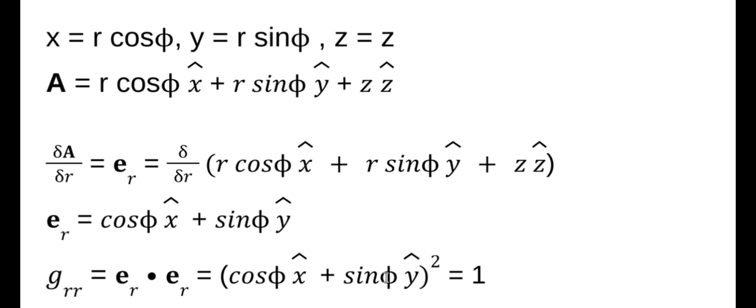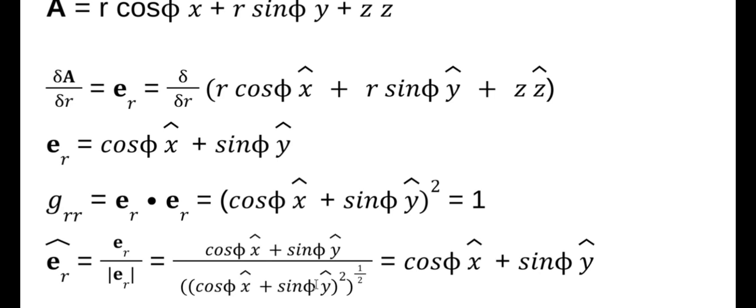And that's just this squared, which is 1, cosine squared theta plus sine squared theta equals 1. Okay, and later on we're going to need our unit basis vectors, and you find those by taking your basis vector and dividing it by the magnitude of that, which is this expression squared, and then you take the square root of it, and that's the magnitude of e_r.